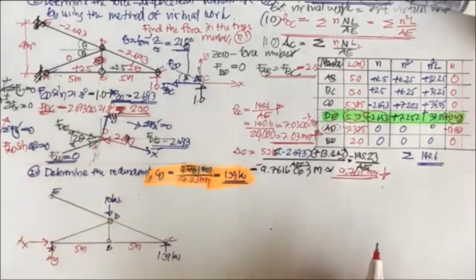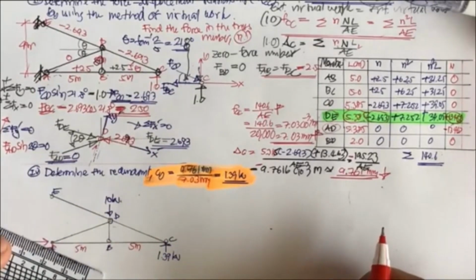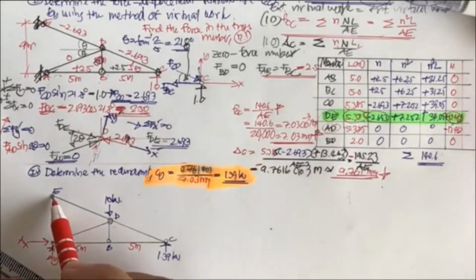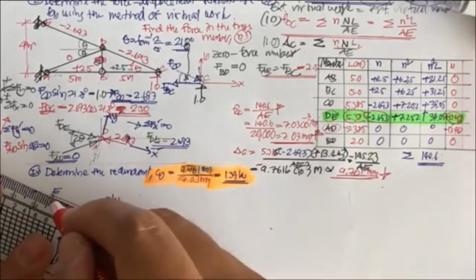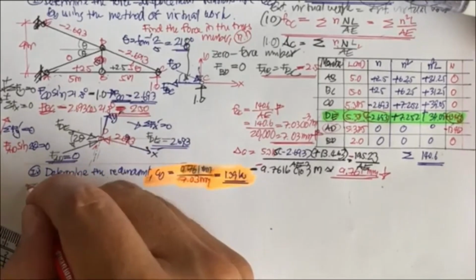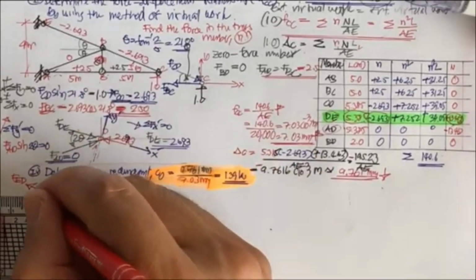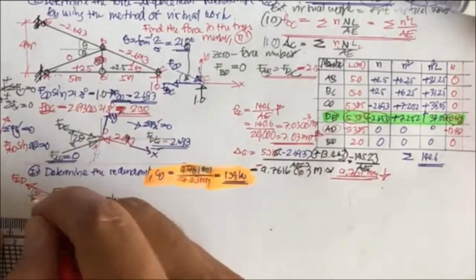This is 5 meter, and for this one, actually, the pin is here, but it's connected directly to the member ED. So this is going to produce the force F sub ED. This is going to be theta.